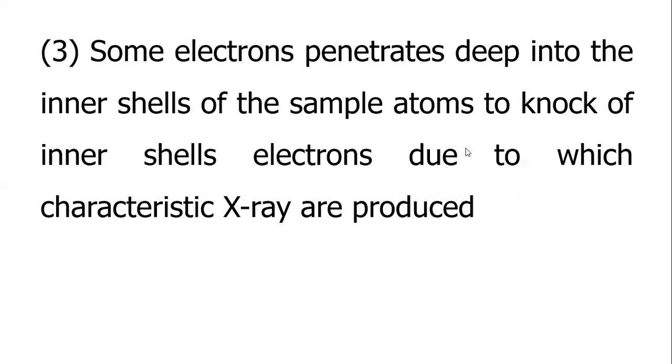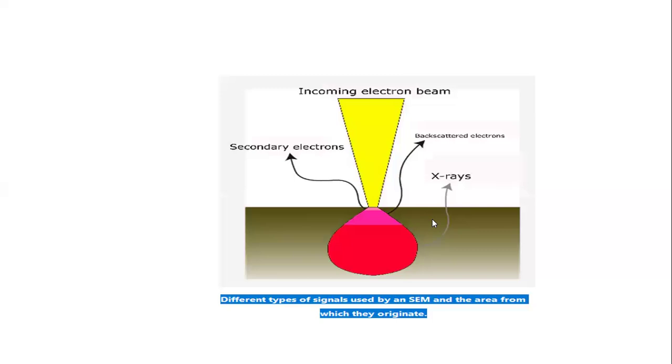And the third one: electrons which penetrate into the inner shells of the sample atom and knock off the inner shell electrons, due to which the characteristic X-rays are produced. These are the three types of electrons.